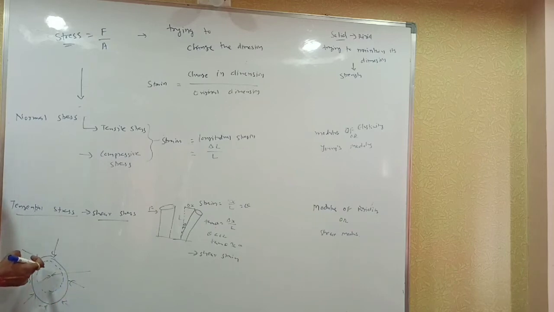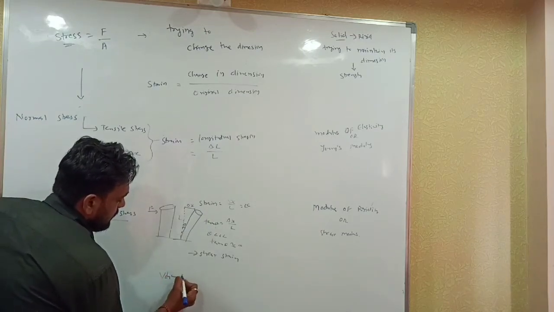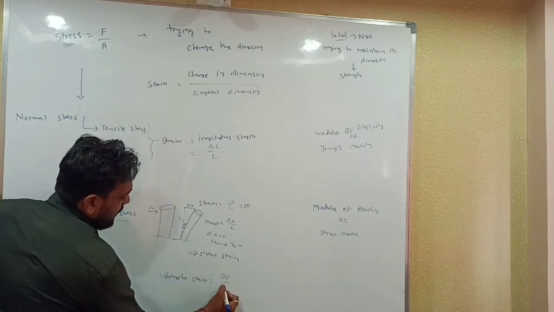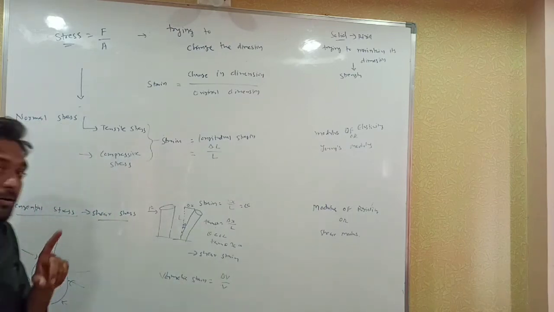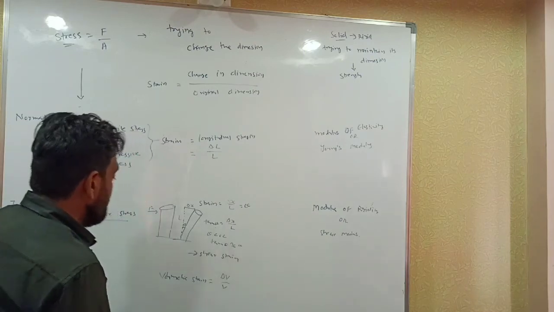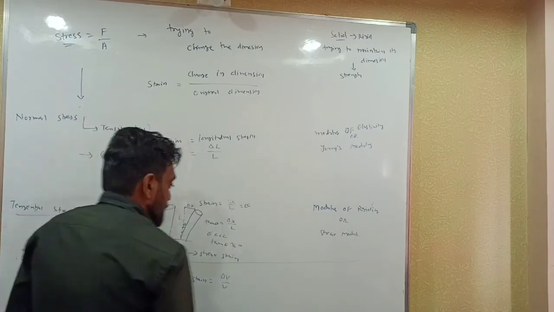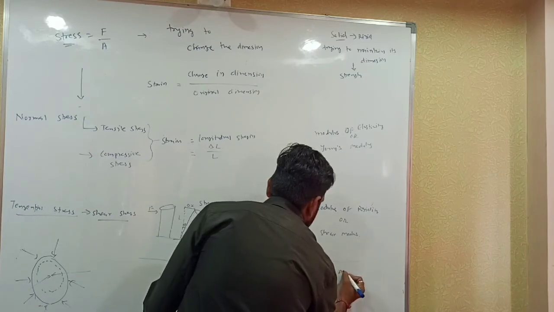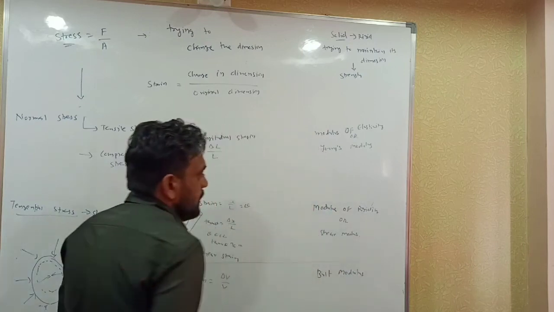Okay, so the strain created due to this type of force is known as volumetric strain, and this is nothing but delta V by V, meaning change in volume by original volume. And the strength or the property of material which opposes change in volume is known as bulk modulus.